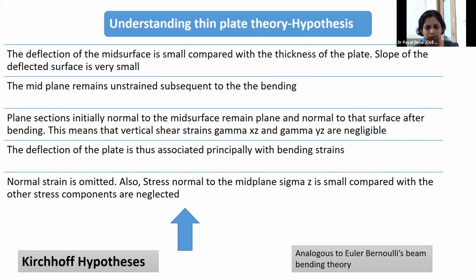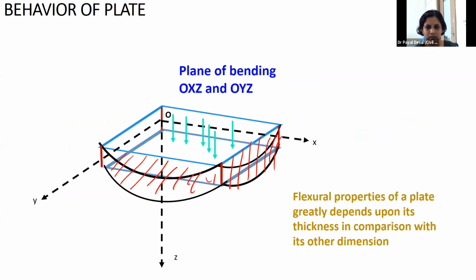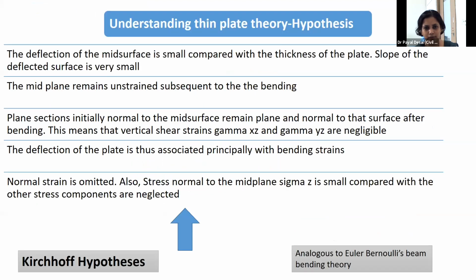The meaning of this is the middle plane does not deform, and this assumption is very, very analogous to the beam. All of you know the neutral axis and neutral surface actually does not have any strain, right? Even in the stress diagram, you can see at the neutral axis the stress is zero. This is a similar assumption as in the beam theory also.